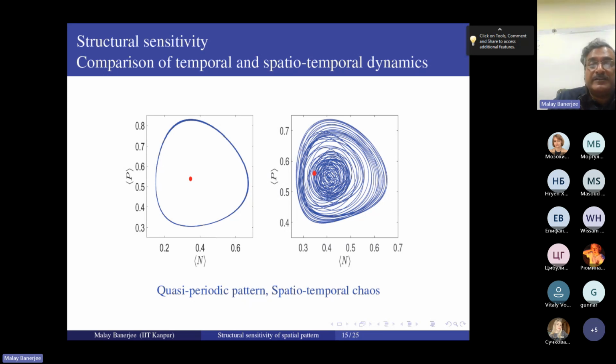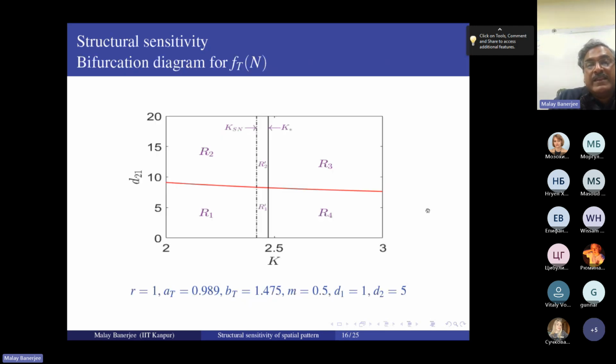Now, if we move to the third case, that is, if we consider the trigonometric functional response, that is the hyperbolic tangent functional response, then you can see there are two new domains, R2 dot and R1 dot. These two domains arise due to the presence of this particular saddle-node bifurcation threshold of limit cycles.